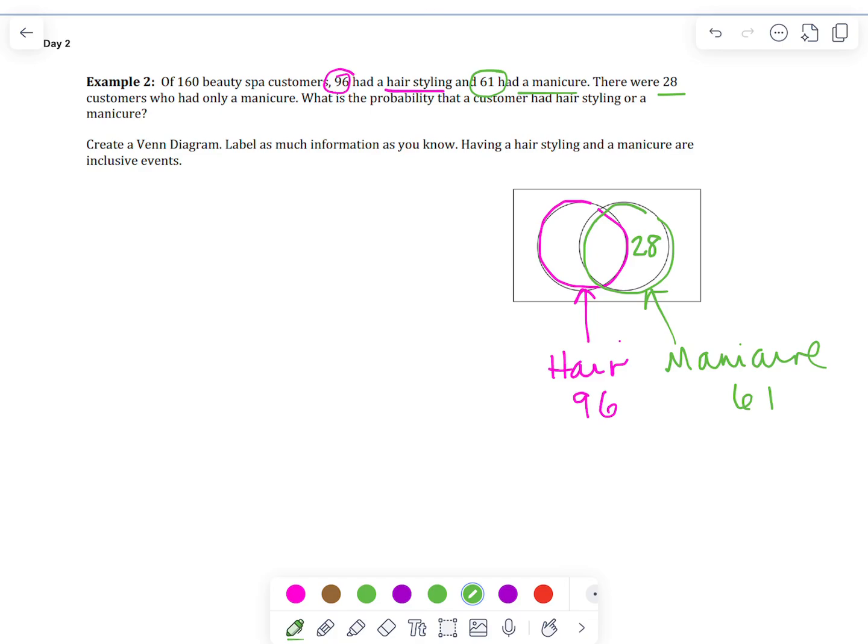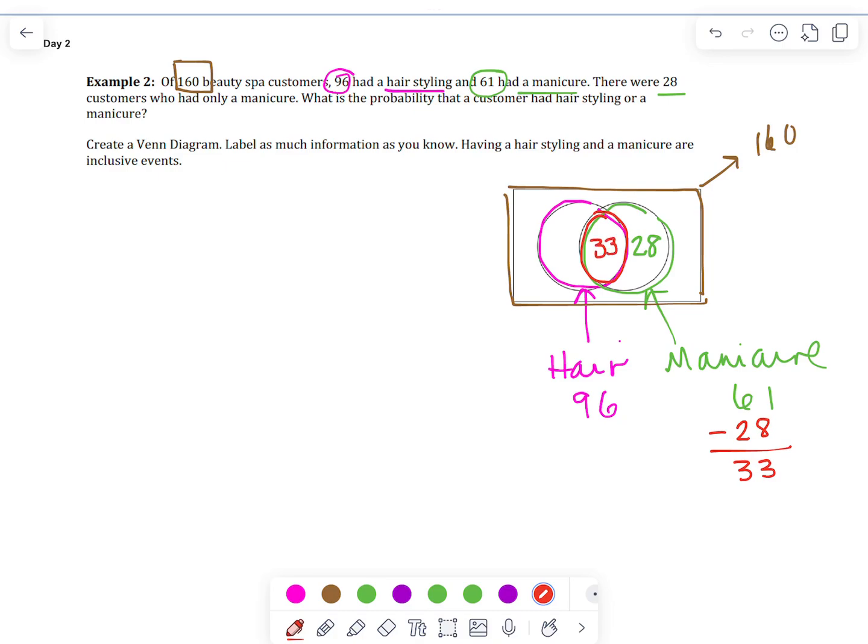So we're going to go ahead and fill out the Venn diagram in its entirety. So this entire box has to add up to all the total customers, which would be 160. So we first want to figure out this overlap here. So we already have 28 out of the 61 in the manicure. So you take 61 minus 28 gives us 33. So that will be the overlap.